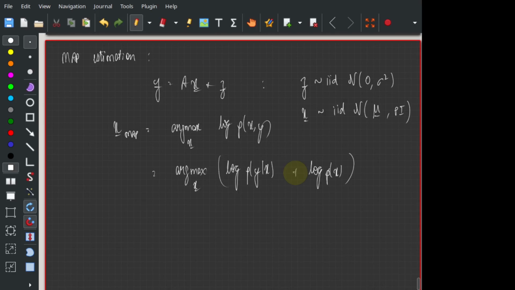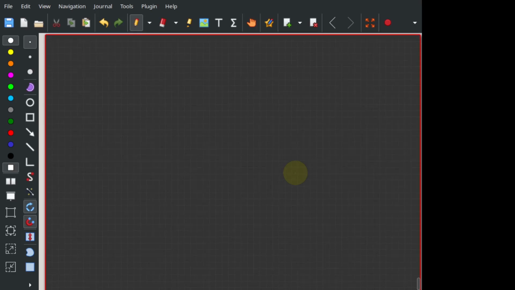Is this always guaranteed to be a convex optimization problem? So effectively what we have is the sum of two convex or two concave functions. Is the resulting function also guaranteed to be convex or concave, whichever? Okay, and why is that the case?